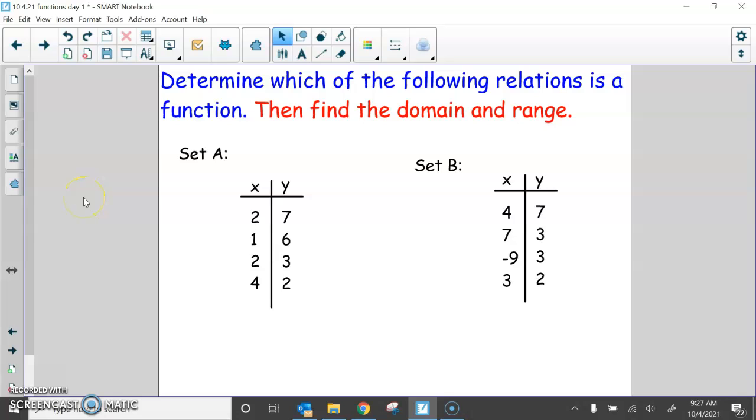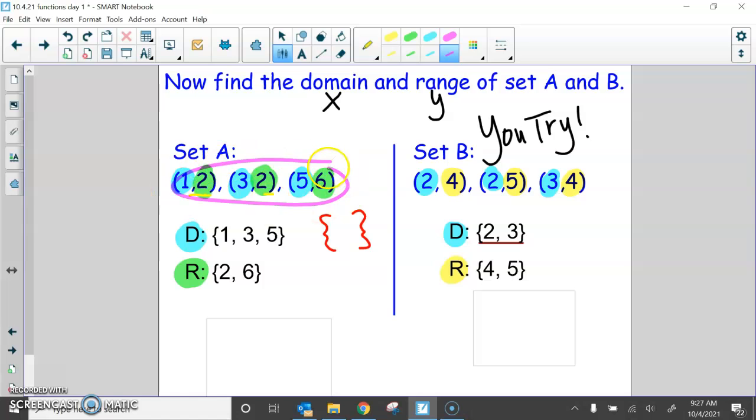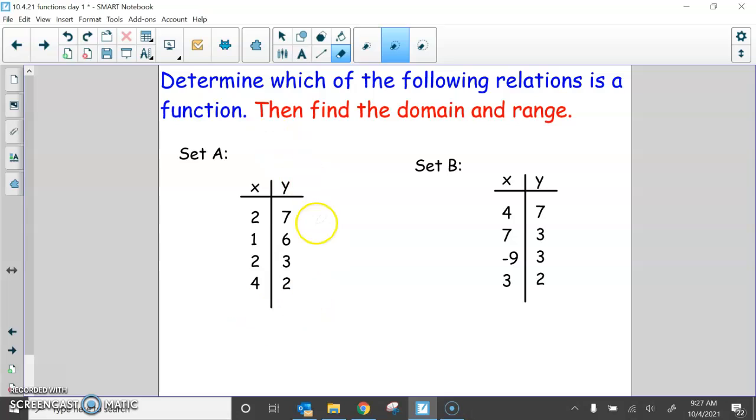So now we are going into tables. We can still figure out if they're a function or not, and then we're going to find the domain and range. It doesn't matter if it is a coordinate pair, like here, or if it's a table, like here. So we're still looking at the x values to see if it is a function or not.